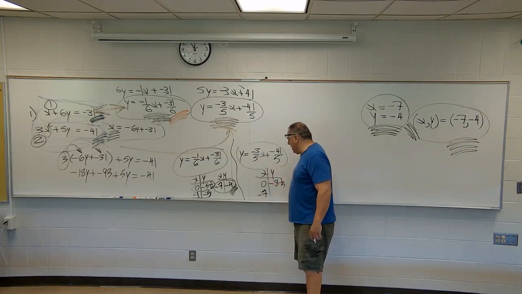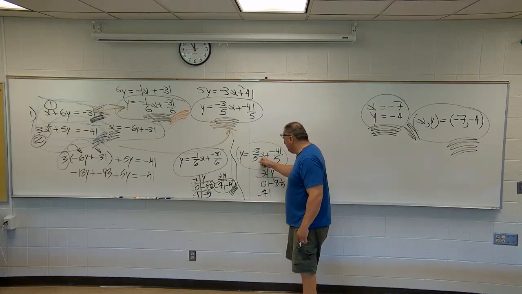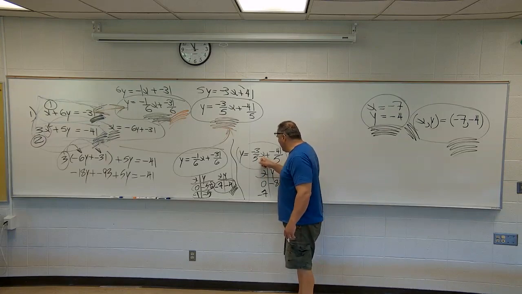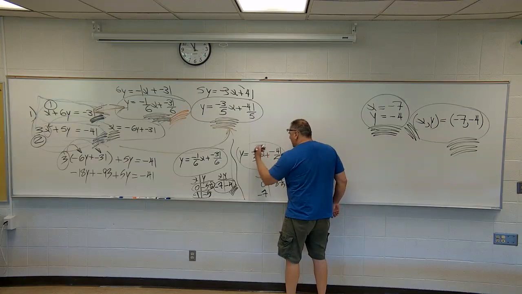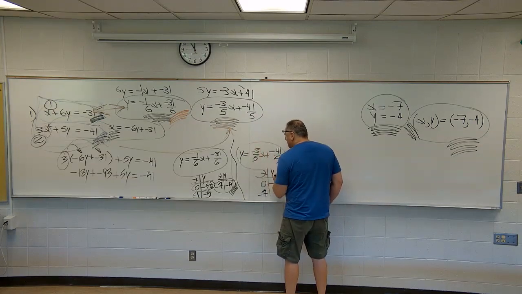Put a negative 7 right here. Negative 7 times negative 3 over 5. Negative 7 over 1 times negative 3 over 5. Negative 7 times negative 3 is positive 21. 1 times 5 is 5.